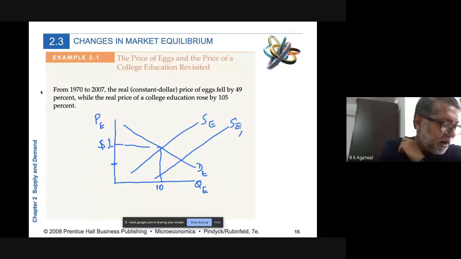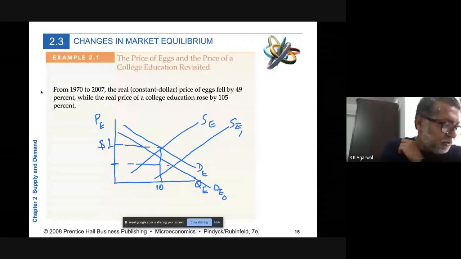And demand actually should have fallen, so that your new equilibrium is here. This is your new equilibrium point, and this was your old equilibrium point.